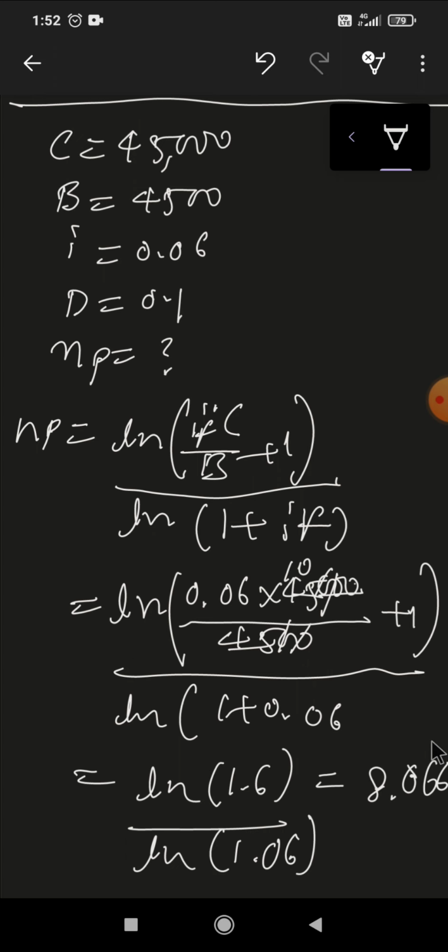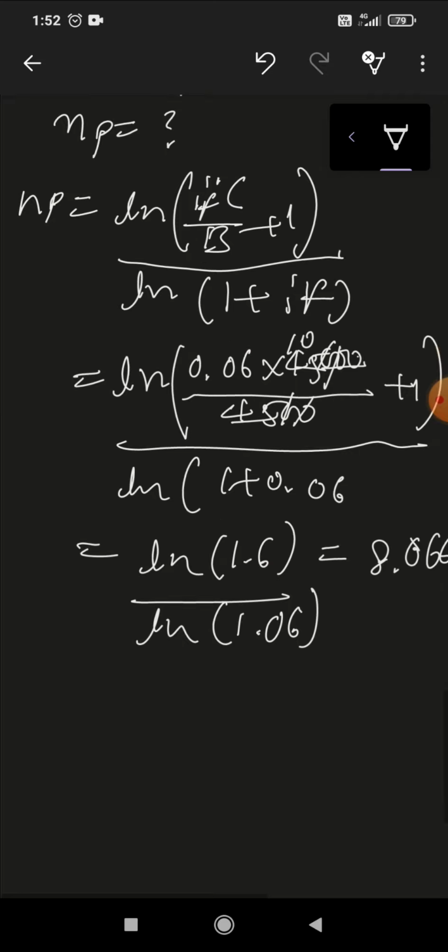So around 8 years it will take without discount.